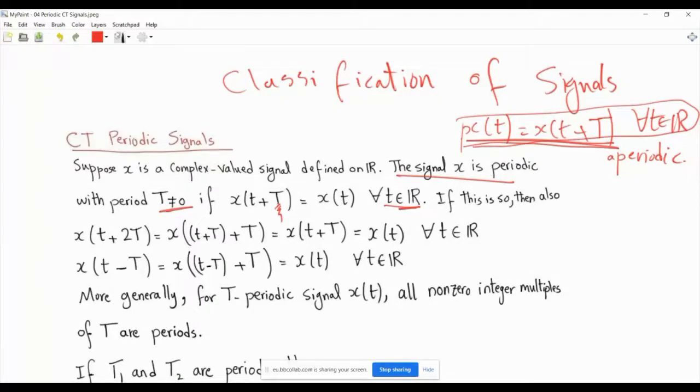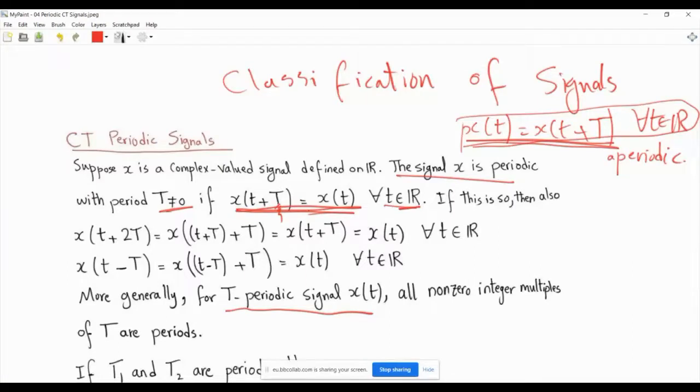It's a binary classification. There is a definition for periodicity, and if this definition is violated in any sense, then your signal is aperiodic. So a T-periodic signal is a signal for which you can find a non-zero big T such that this equality is satisfied.